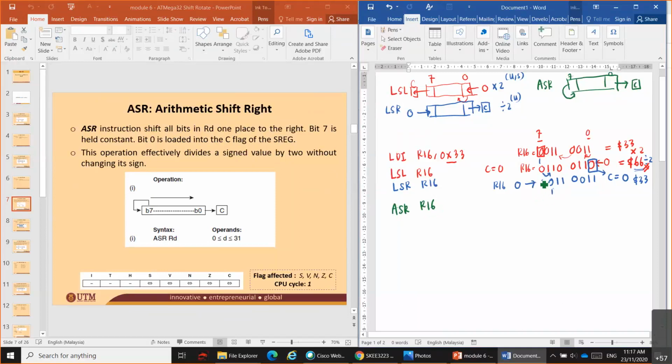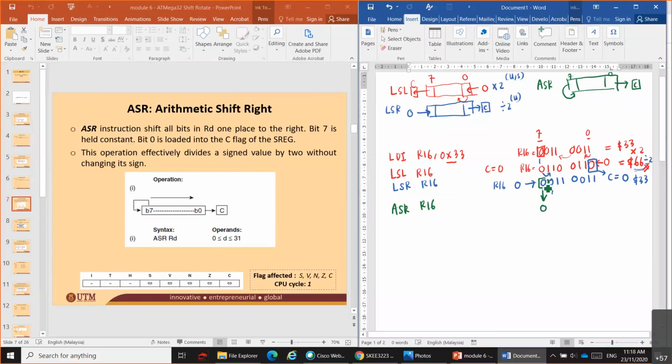This is your bit 7, so you copy back the value of your bit 7, and then the rest of the bits you shift to the right by 1 bit.